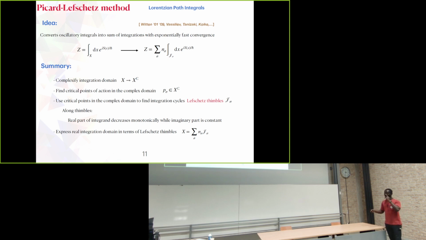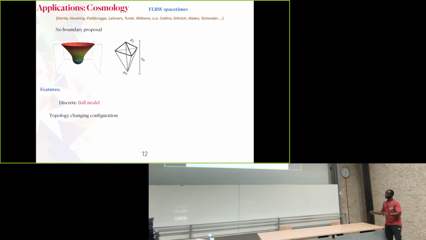We're going to apply this to deal with the causality violations that I mentioned before. To do that, I'm going to use two very simple examples which also show up in quantum cosmology. The first example is the no boundary proposal. You don't need to know any details of this for the purpose of this talk.